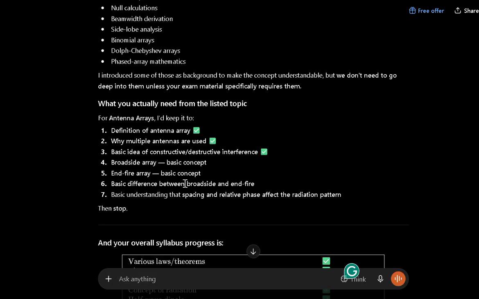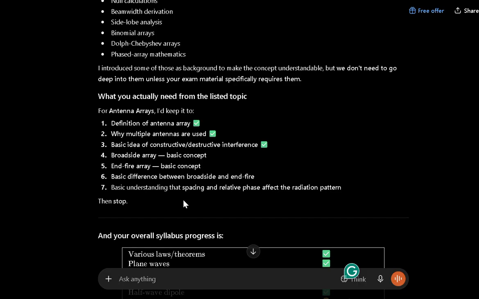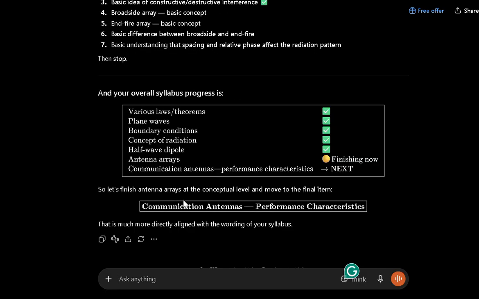So, completed next. The oral syllabus is completed, antenna arrays finished now. So let's finish antenna arrays at the conceptual level and move to the final. We finished antenna arrays, right?